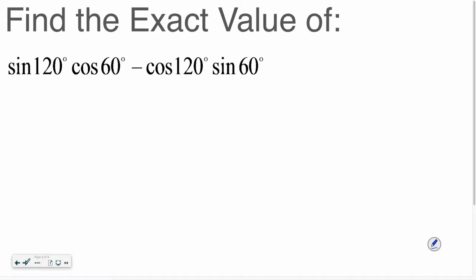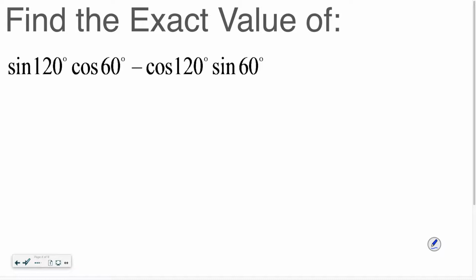Now, do you see a pattern? Sine 120 cosine 60 minus cosine 120 sine 60. Does that look like the sum or difference formula? So what we are able to do is condense this down. This is the sine difference formula.